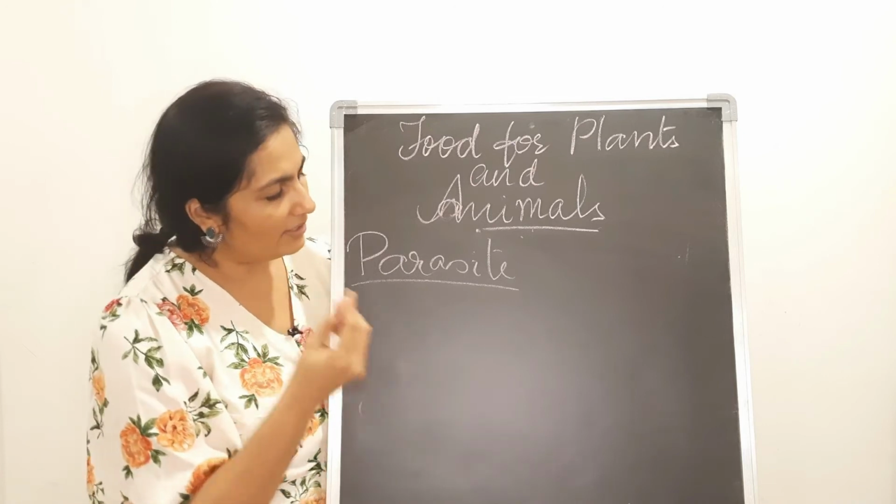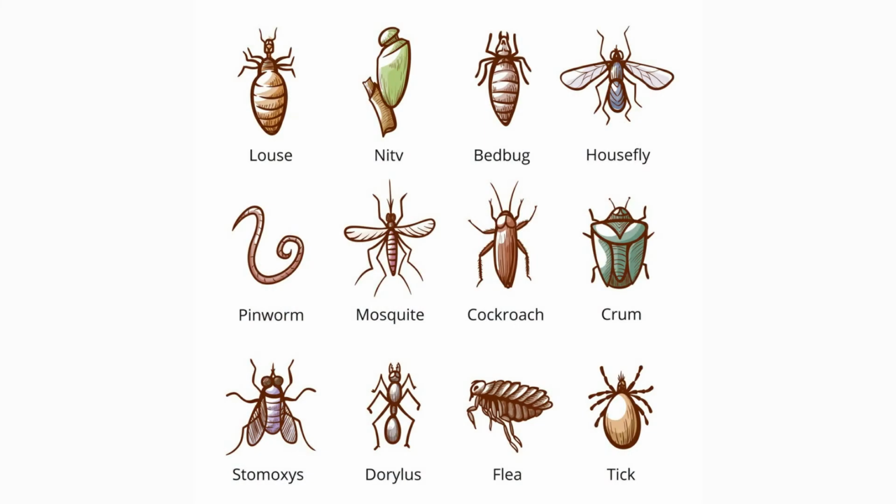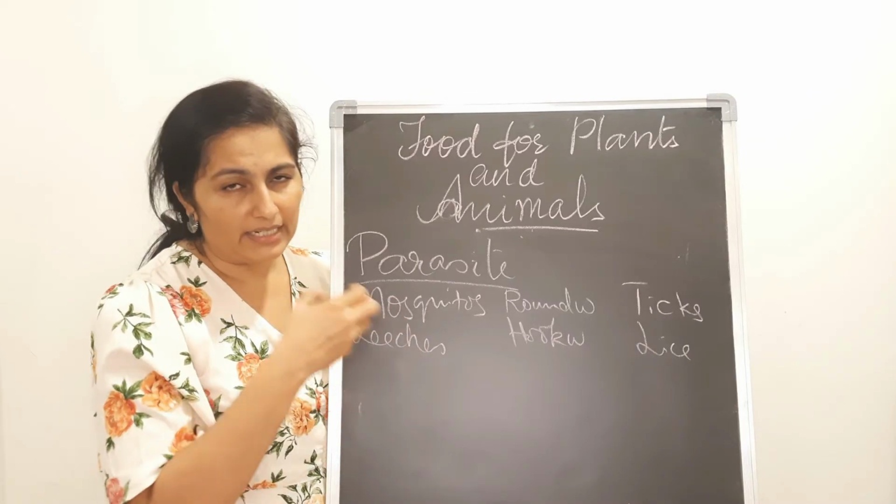What are some parasites? We can see mosquitoes, leeches, roundworm, hookworm, ticks and lice. Mosquitoes, of course, and leeches, you know the leeches will suck blood.